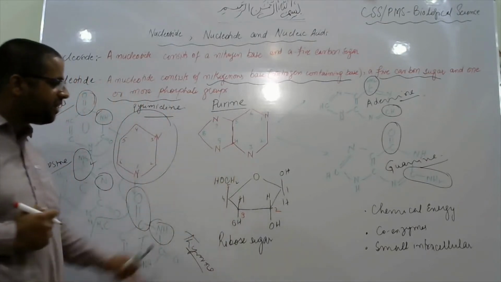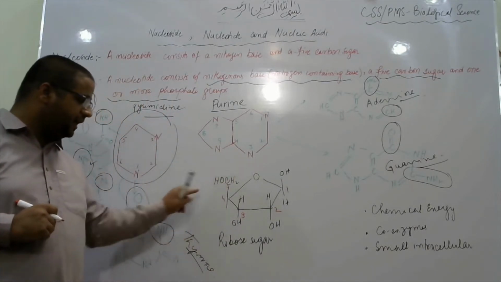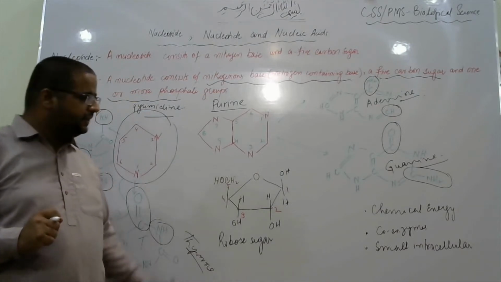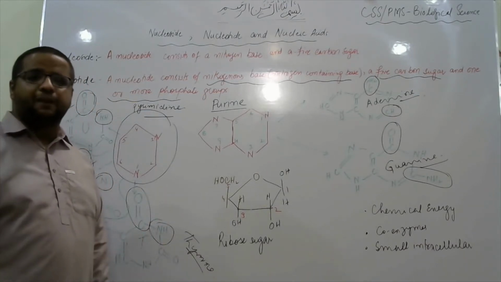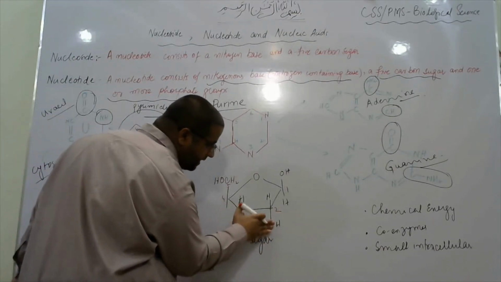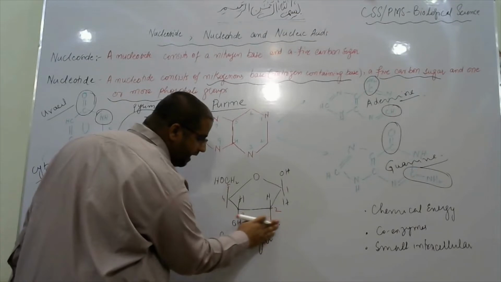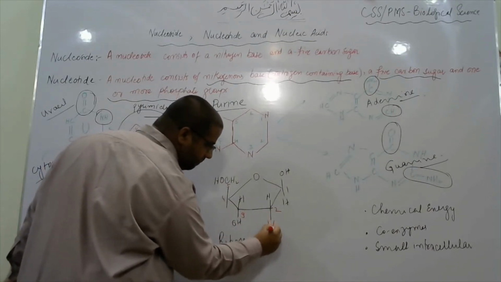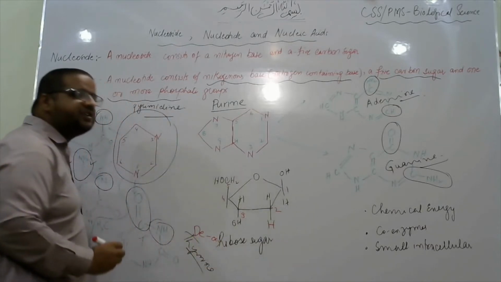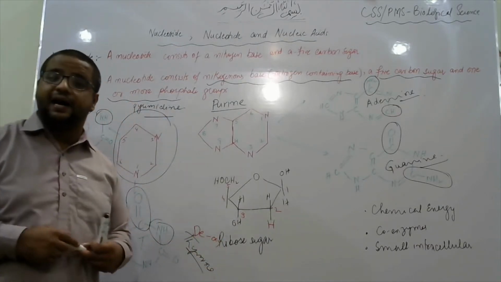What is the difference between ribose and deoxyribose sugar? The difference is that there is no oxygen atom at the second carbon; only hydrogen exists. So this has become deoxyribose sugar. This is the only difference between the sugars of RNA and DNA.